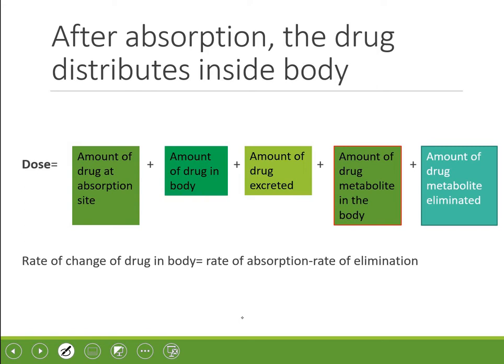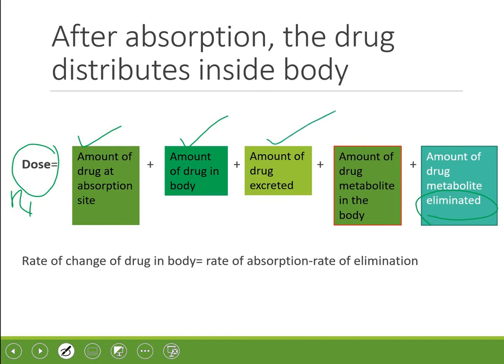So when we talk about drug disposition, it is distribution plus elimination. Remember, when you take a dose, a particular amount of drug, the amount of drug is absorbed at the absorption site, then the amount of drug reaches the body, meaning the blood and the tissues.